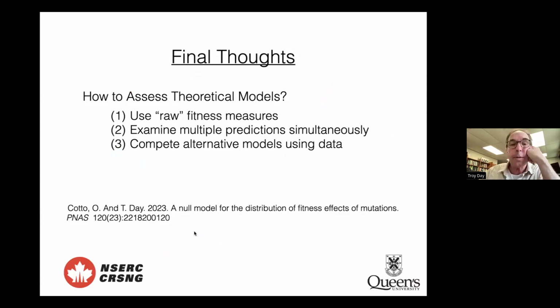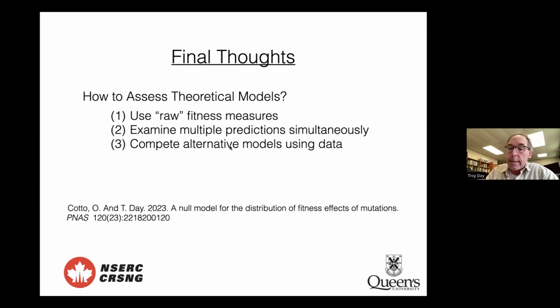But maybe I'll finish by saying there's, I think, an even more useful way that could be employed to try and understand how well these models are actually explaining things biologically. The first two I already mentioned: use the raw fitness measures or different scales, and examine multiple predictions simultaneously. But I think an even more powerful thing would be to compete models against one another in some way.